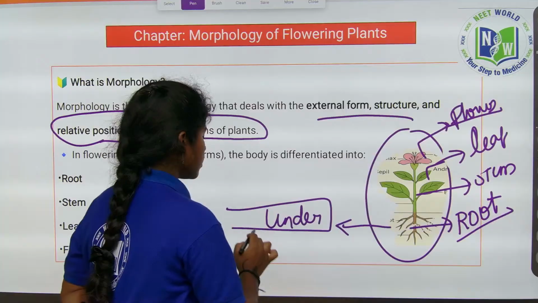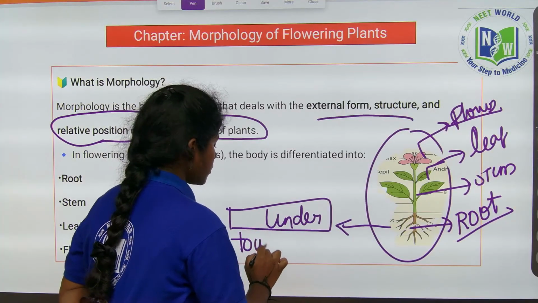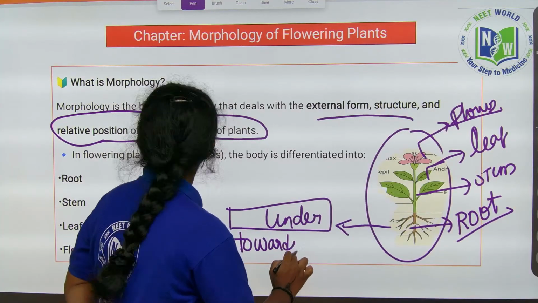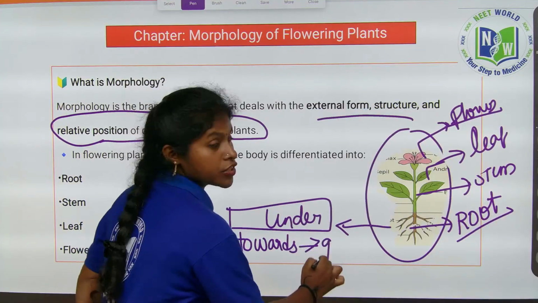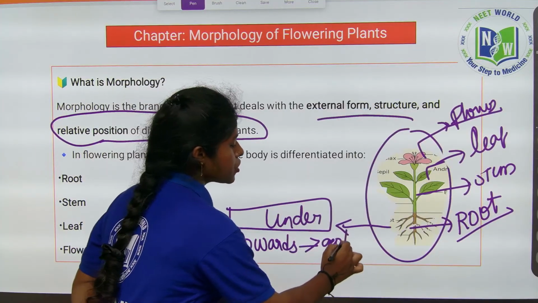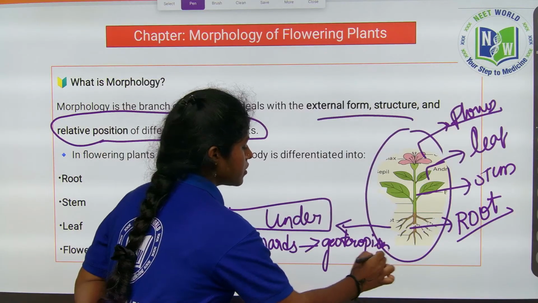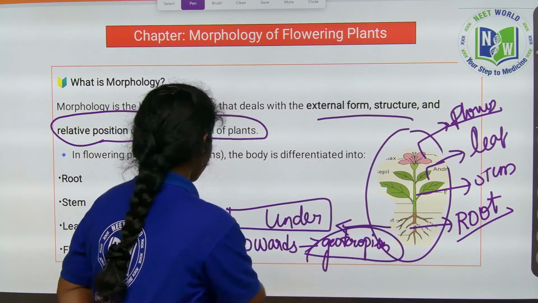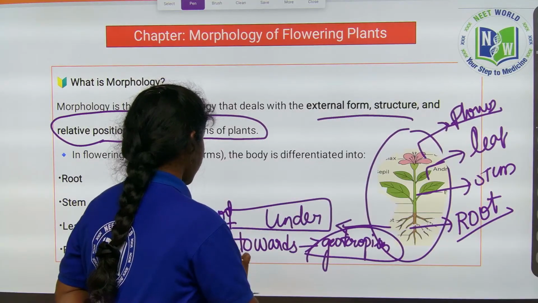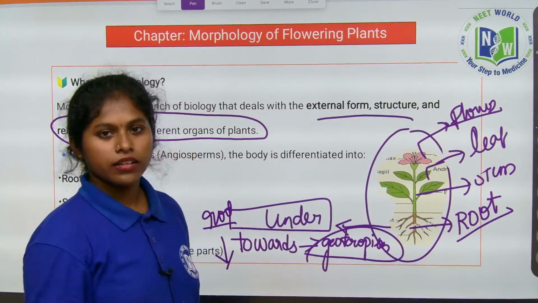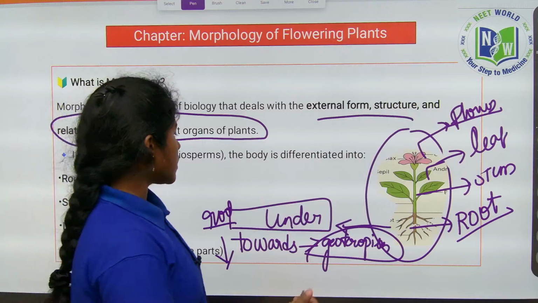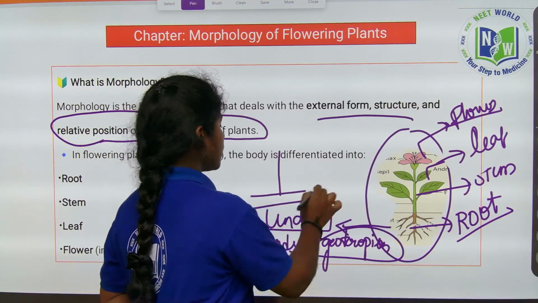It grows towards geotropism. What is meant by geotropism? It means the root is growing towards the soil, towards gravity. That is geotropism. The stem is the upper part of the plant.